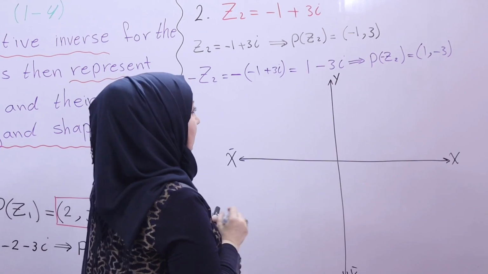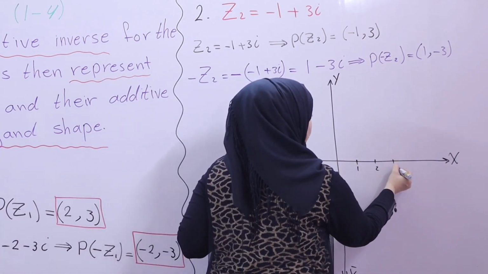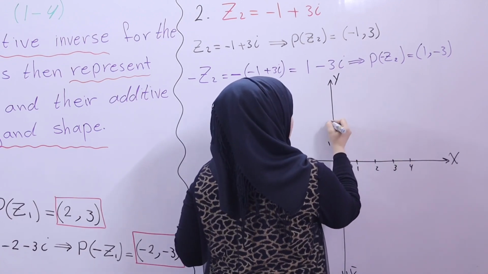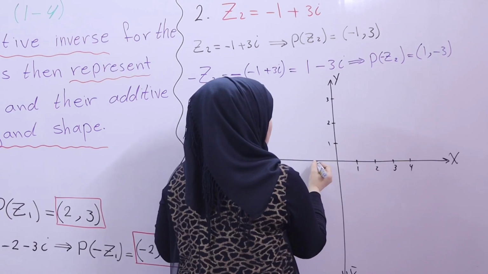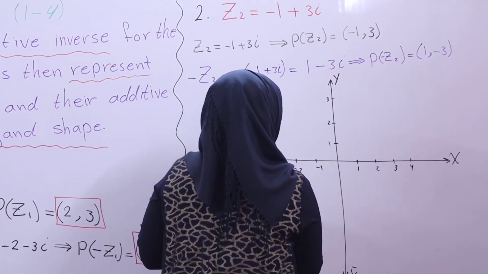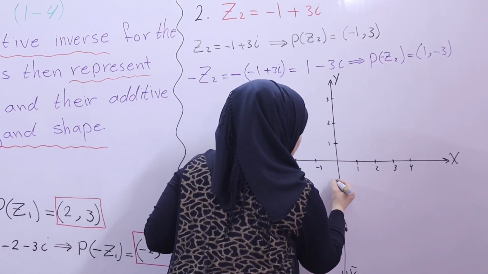So, and now we can write the numbers 1, 2, 3, 4, 1, 2, 3, and here -1, -2, -3.